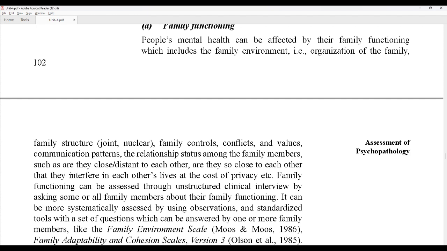Family functioning can be assessed through an unstructured clinical interview by asking some or all family members about their family functioning. It can be more systematically assessed by using observations and standardized tools with a set of questions which can be answered by one or more family members, like the Family Environment Scale, Moos and Moos, 1986, Family Adaptability and Cohesion Scales, version 3, Olson et al., 1985.